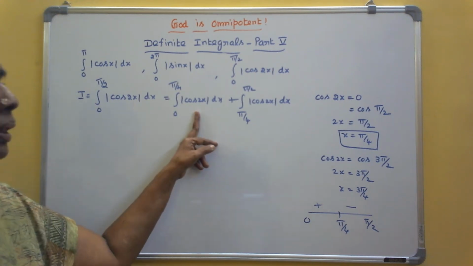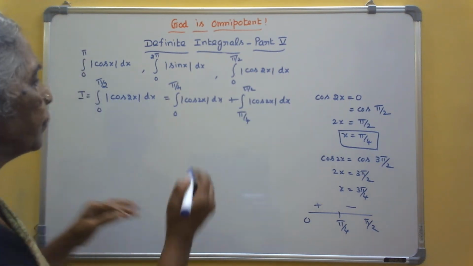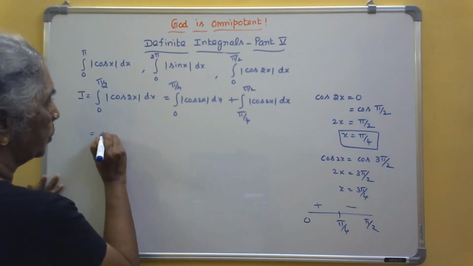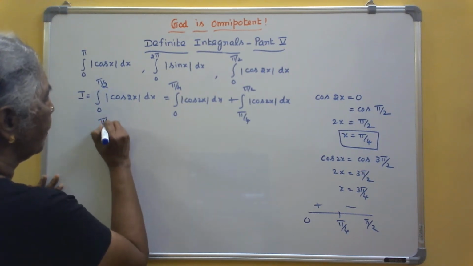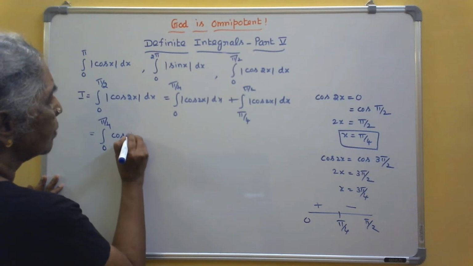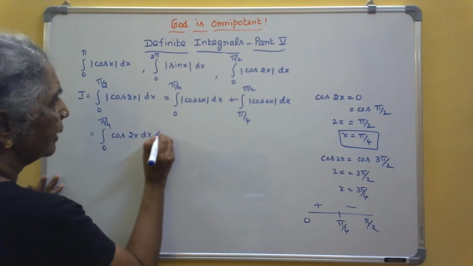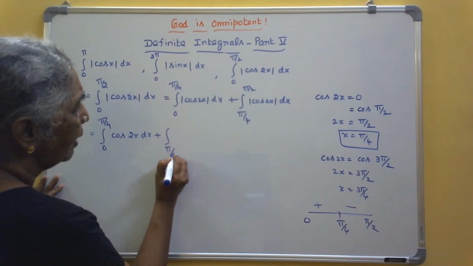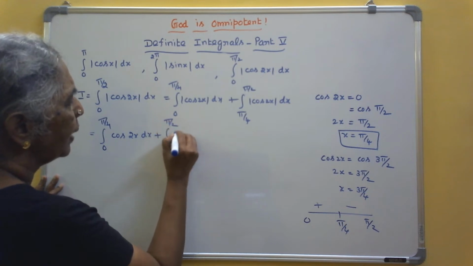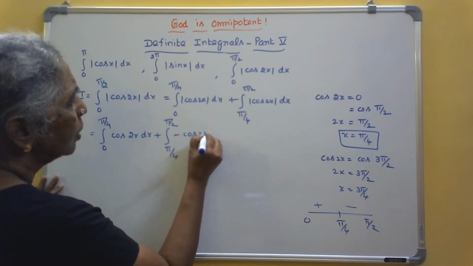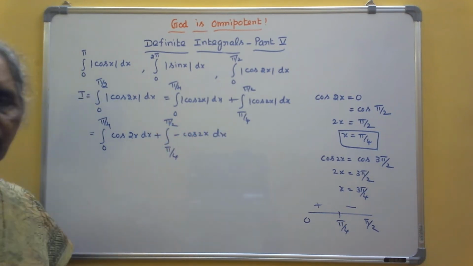Here it will be negative. So let me write this is equal to integral 0 to pi by 4 cos 2x dx, and in this interval pi by 4 to pi by 2, this is minus cos 2x dx, right?